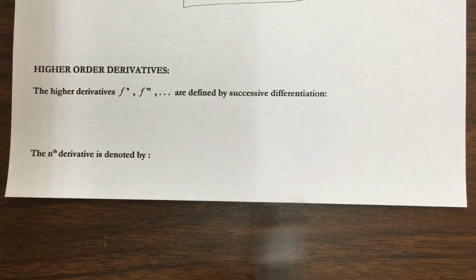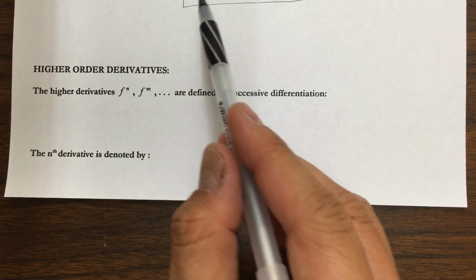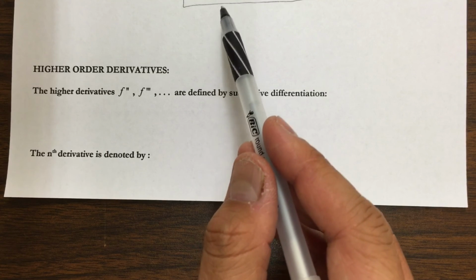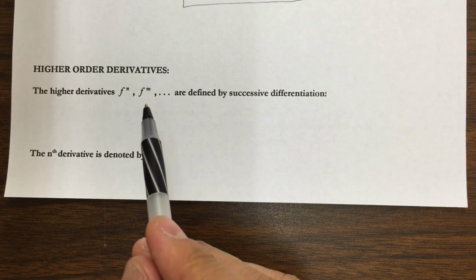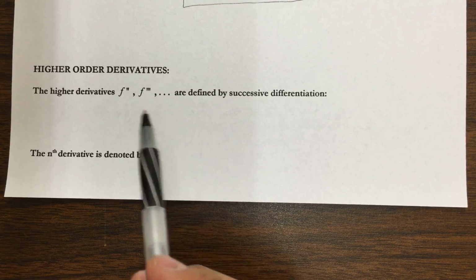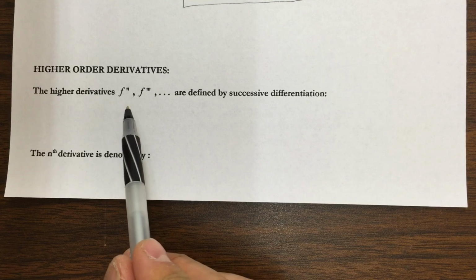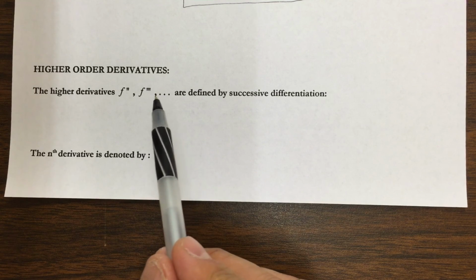Now, in addition to the second derivative, you can go ahead and take a third derivative if you want, a fourth derivative if we need to. So higher order derivatives do exist, and they are labeled as f double prime for the second derivative, f triple prime for the third derivative.